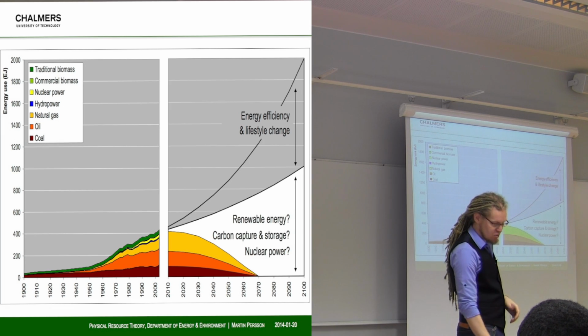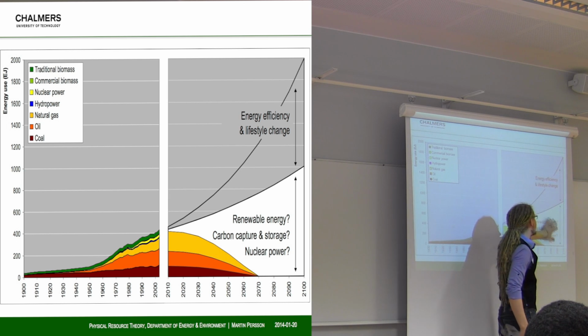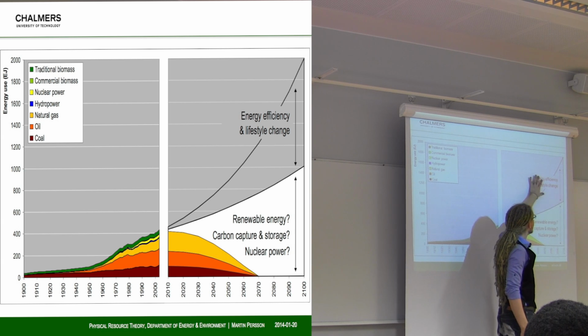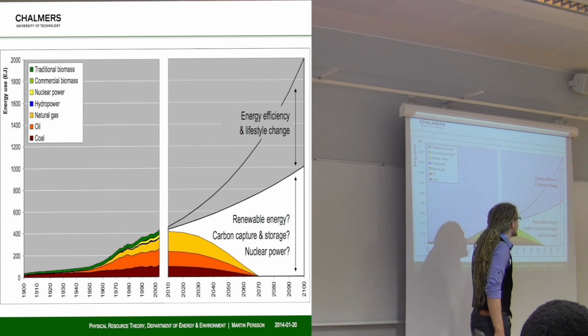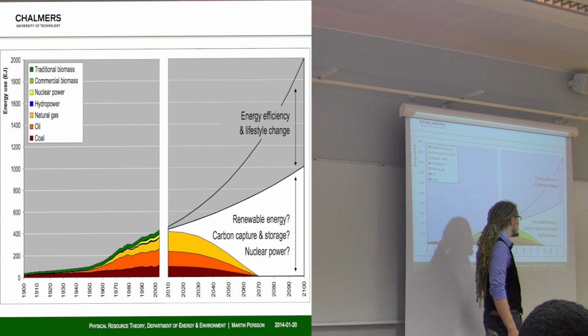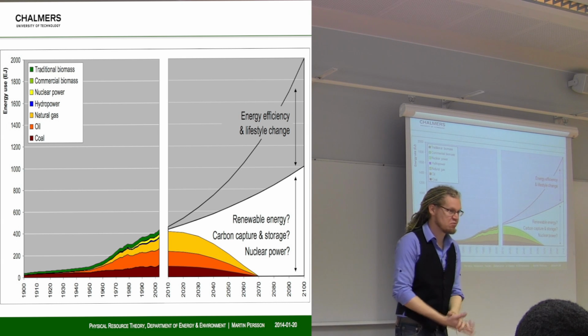And then we'll look into what technologies can contribute to filling this gap, depending on how big it is. So how much can we reduce demand for global energy by increasing energy efficiency and maybe some changes in lifestyle? And what role can be played by different renewable energy sources, carbon capture and storage, nuclear power, and so on, to actually solve this global puzzle?